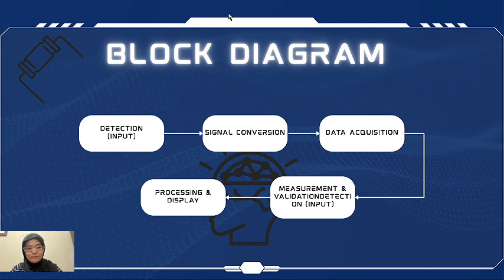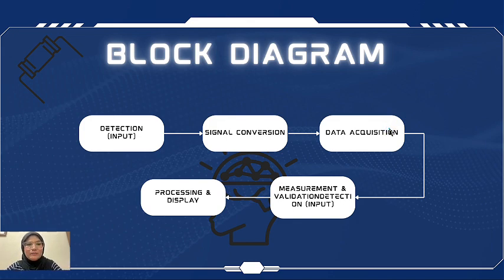And then we have the measurement and validation stage, where the system checks the accuracy of the data by comparing it with standard reference values. And then the final is the processing and display stage. The results are displayed in graph or numerical form using software such as LabVIEW.